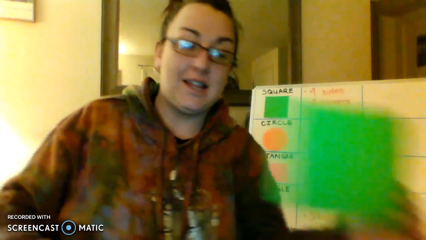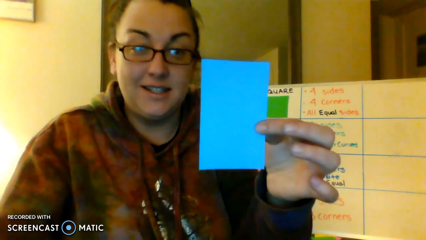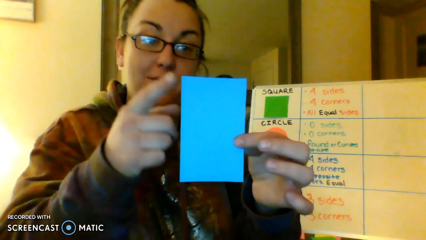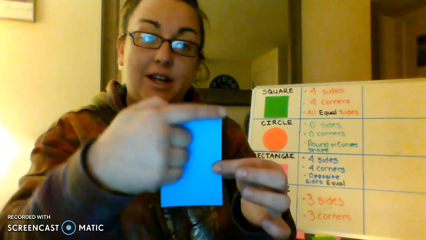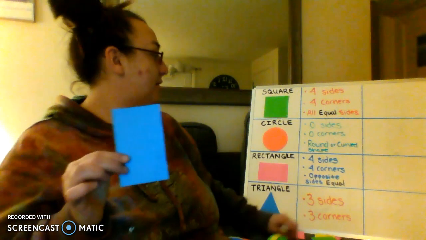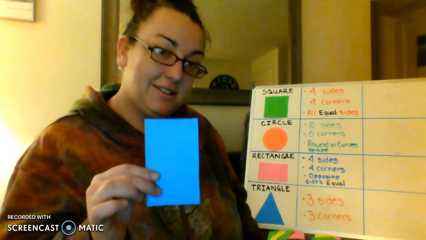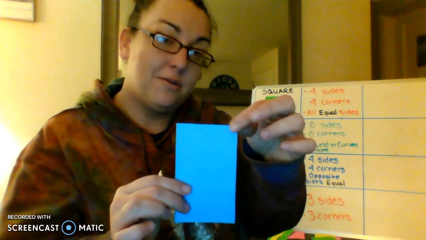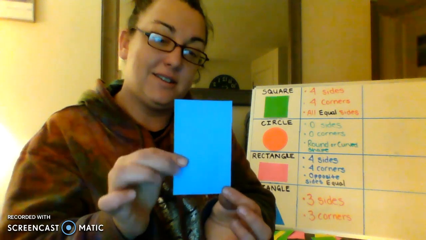Now let's take a look at this one. What kind of shape is this? We have 4 sides. 1, 2, 3, 4. Right? What shapes have 4 sides? A square and a rectangle. We have 4 corners. 1, 2, 3, 4.